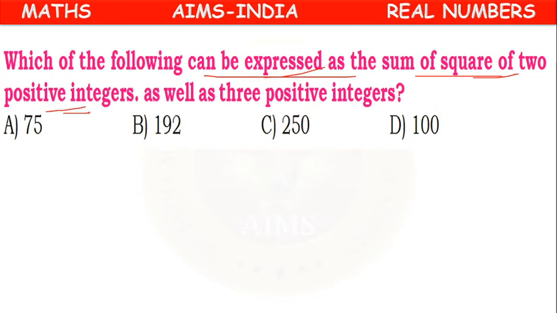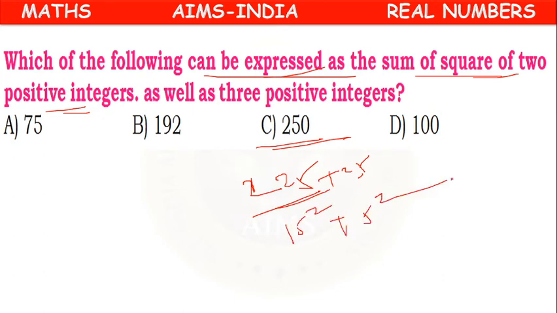Actually this 250 can be written as 225 plus 25. 225 means 15 square, 25 means 5 square. So this can be represented as the sum of squares of two positive integers.